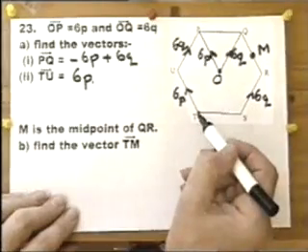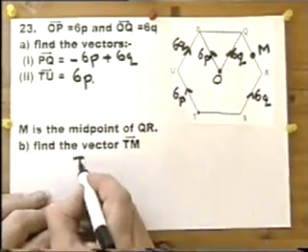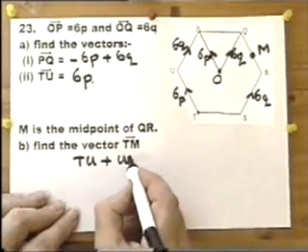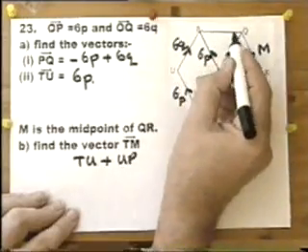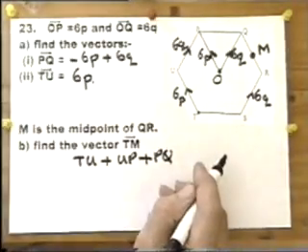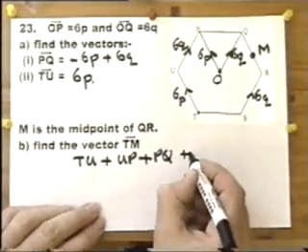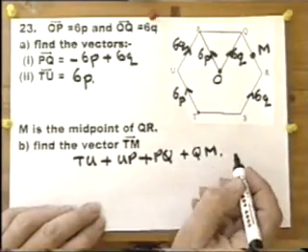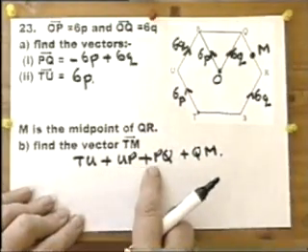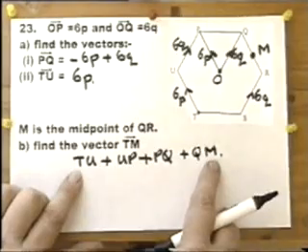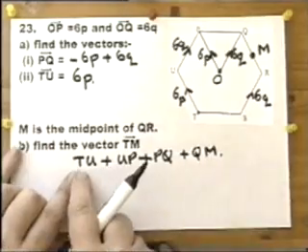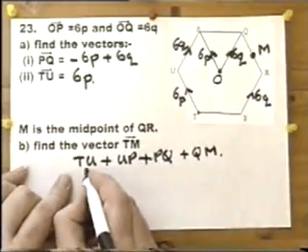I think that one I can write down. T to U, I can do that. U to P, I can do that. P to Q, I can do that, because that's our answer up there. And Q to M, I think we can do that as well. So if I want the vector from T to M, I need to find a route that starts at T and ends at M. Any route will do, as long as I know each separate part. Let's write down each part. T to U is 6p.